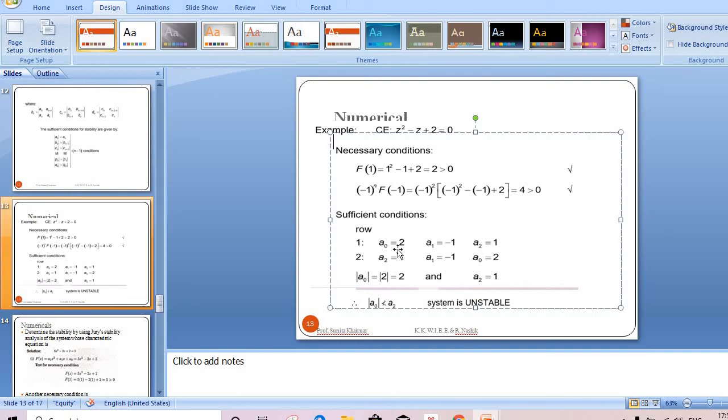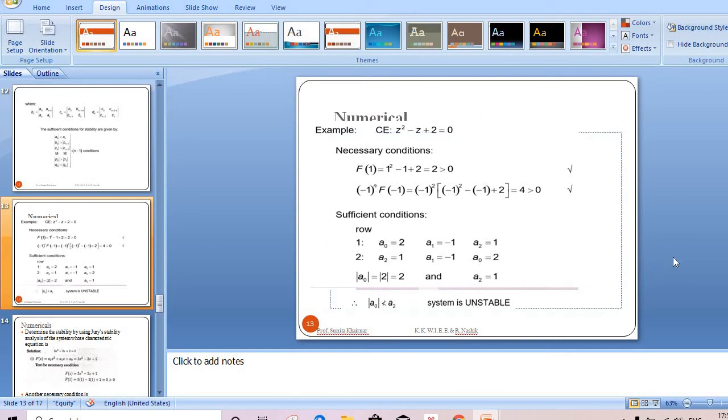Again we will write the second row as reversed. To check this condition, A0 is 2, mod of 2 is 2 and A2 is 1. What is our criterion? A0 should be less than A2. So 2 less than 1 is not true, and hence the system is unstable.